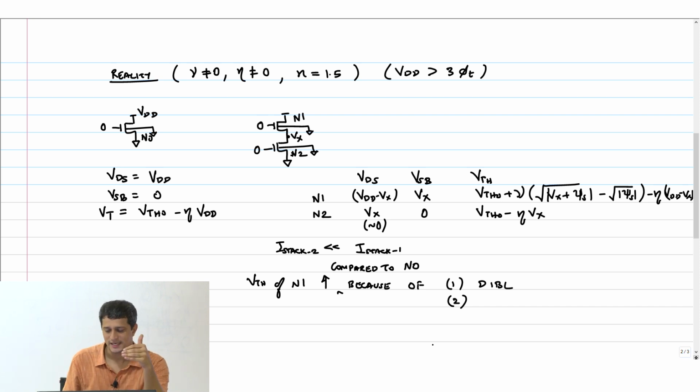So the VTH increases compared to the N0 transistor, and 2 because of body effect. Of course, this is the one that's going to dominate.